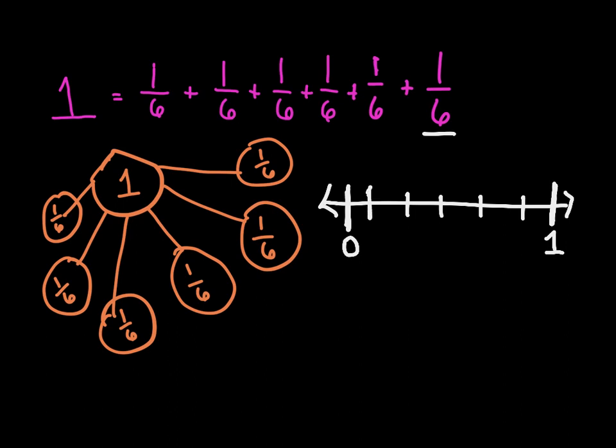So here is 1, 2, 3, 4, 5, 6. You have to count that whole as your sixth one. And then show 1/6 on that number line. It would be 1/6, 2/6, 3/6, 4/6, 5/6, 6/6. Remember, 6/6 is always equal to a whole.